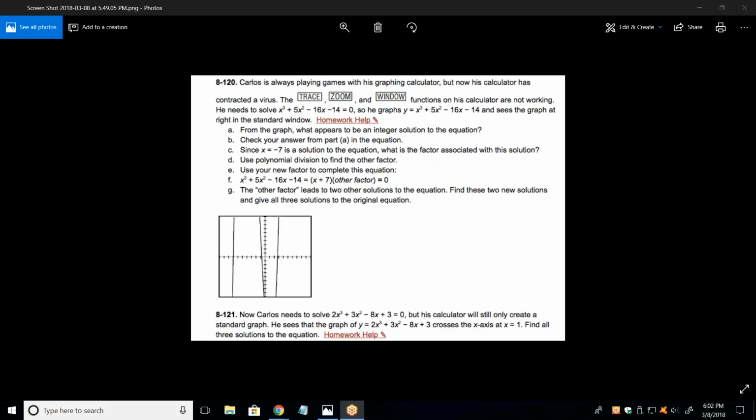And therefore, he wants you to, from the graph, find what appears to be an integer solution to the equation.